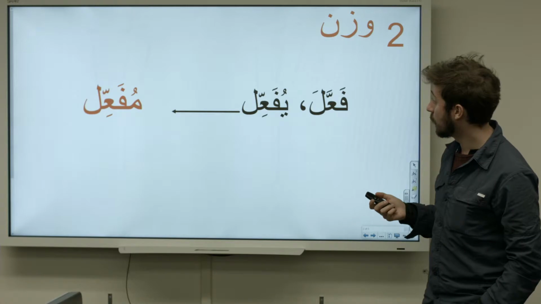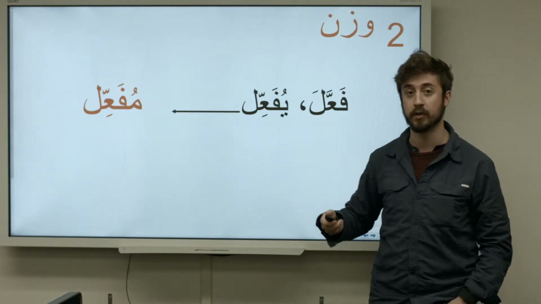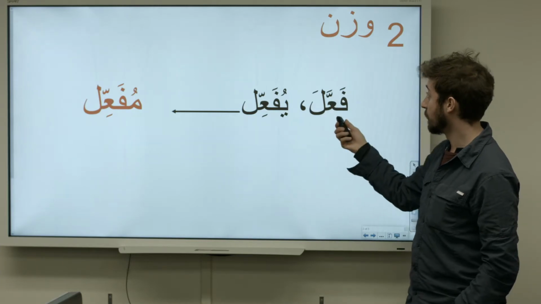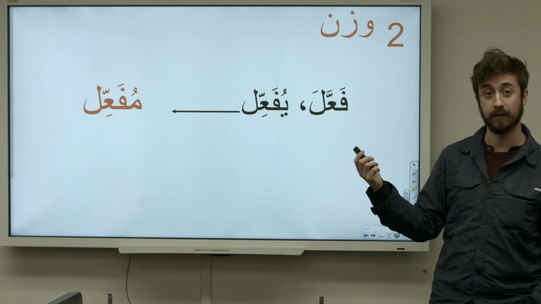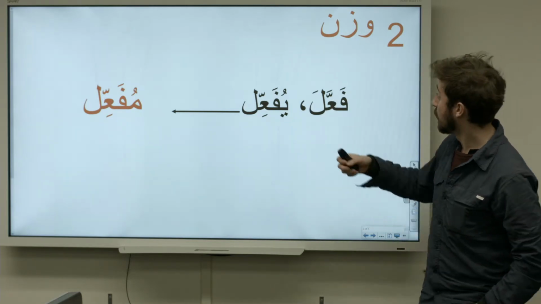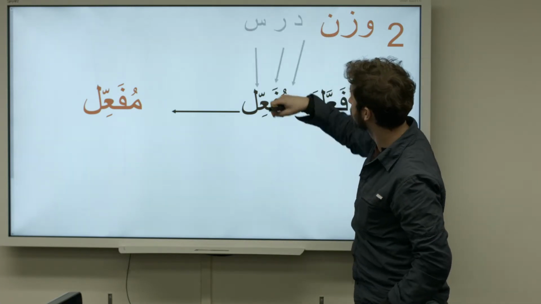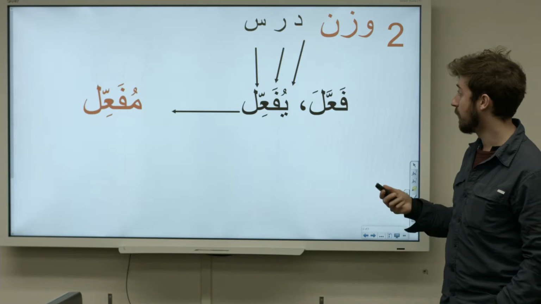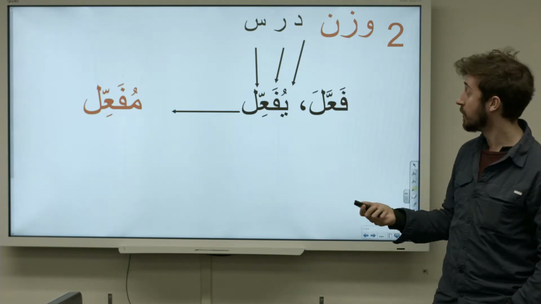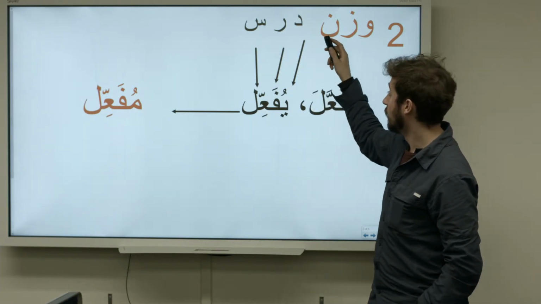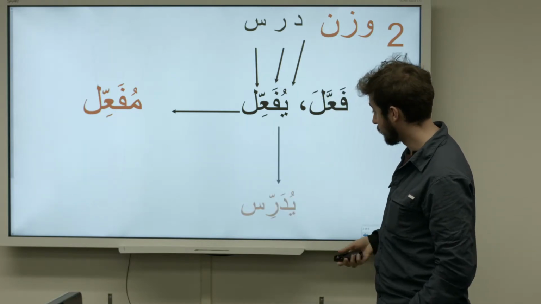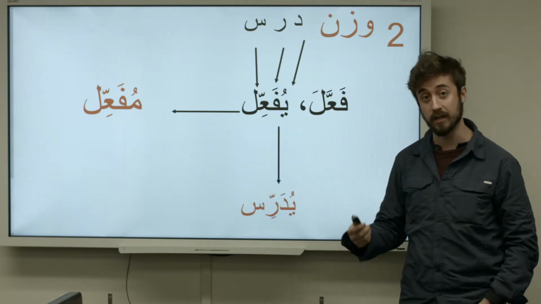That's why wazn 2 is a good starting point. So let's try to make a doer word, or an ism fa'il, from a pattern 2 verb. Let's use the one we did in the first slide, mudarris. What's the root of that? It's darasa. If you want to make the verb, you put the root into the pattern, and it gives us yudarris. This means to teach.